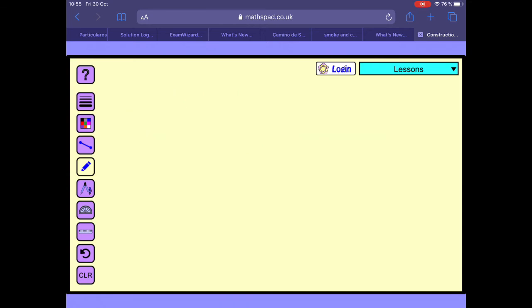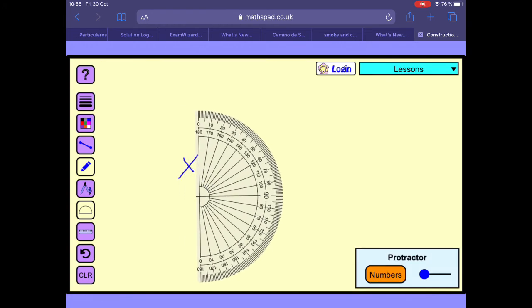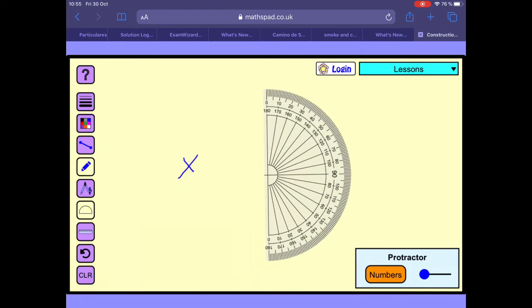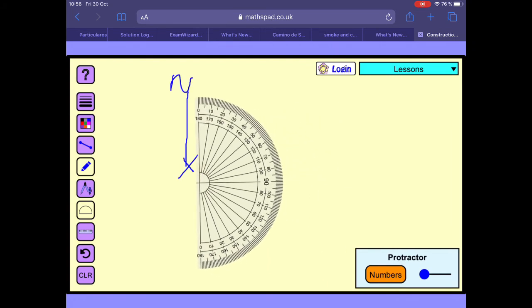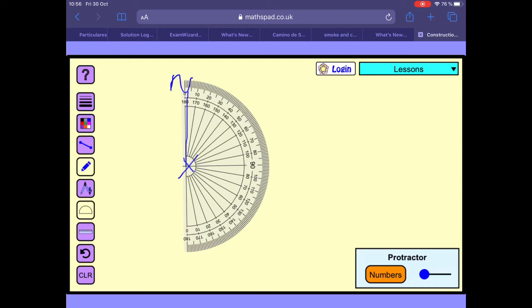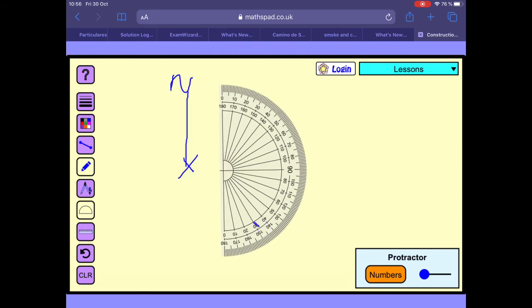So I will get my pen, or they may give you a map in the exam. This would be the port. I need to construct a bearing of 130 degrees. Because the boat is traveling from the port, I'm going to draw my north line at the port. You do it with a ruler. Protractor goes there. The 0 degree line is in line with my north line. Measuring from 0, traveling on a bearing of 130 degrees, it's down here in that direction.